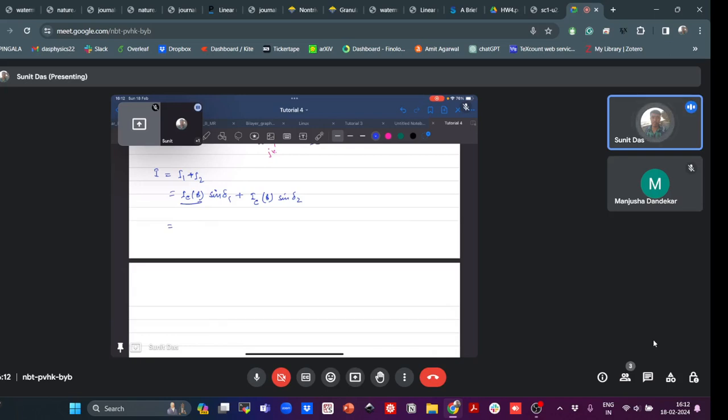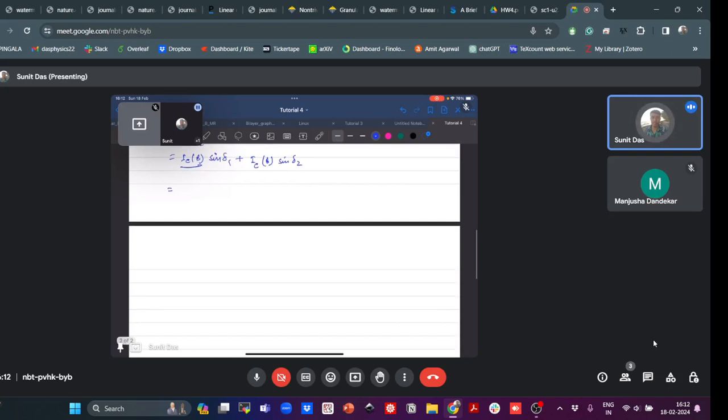This we can further explicitly write as 2 I_C(B) sine of (delta 1 plus delta 2) by 2, and then cos of (delta 1 minus delta 2) by 2. This is just the use of the sine x plus sine y property.